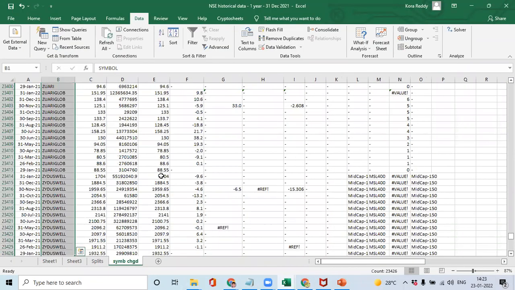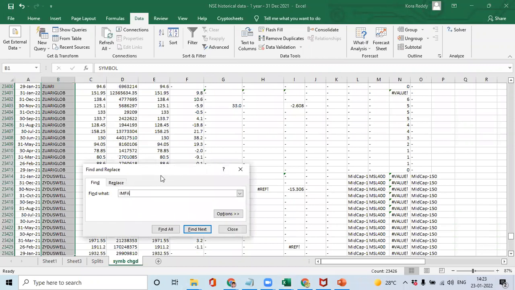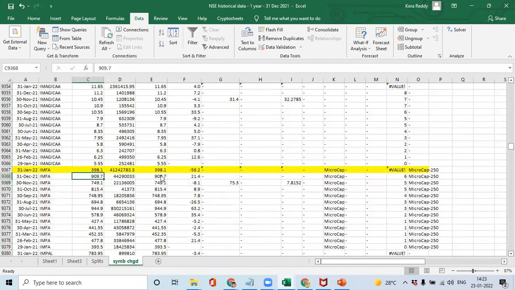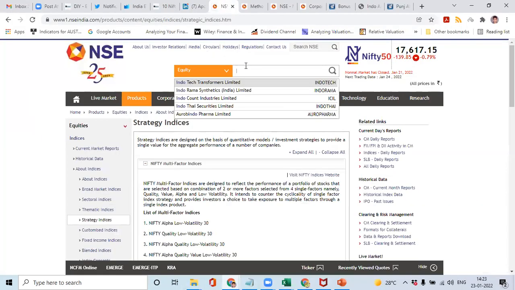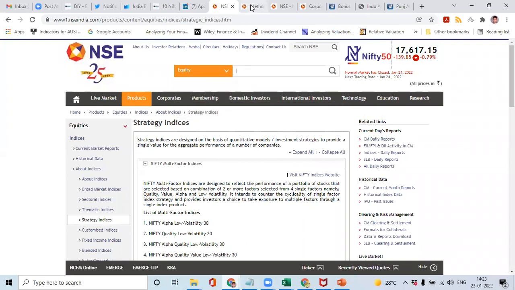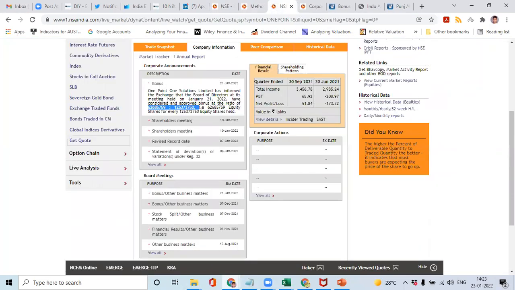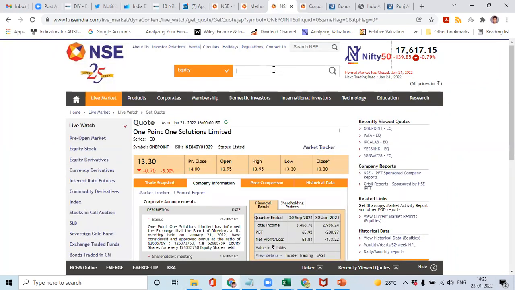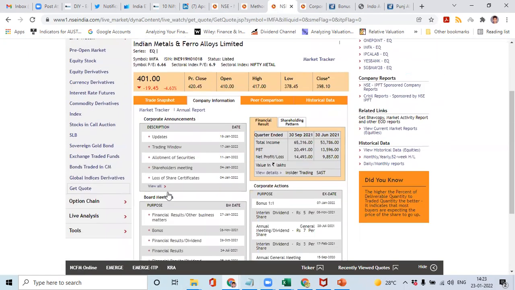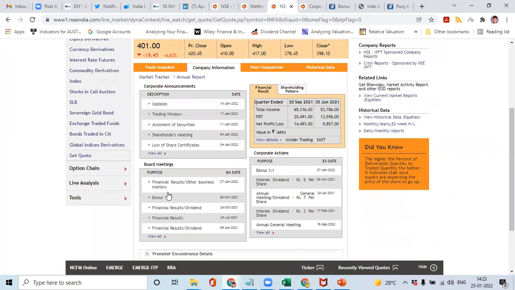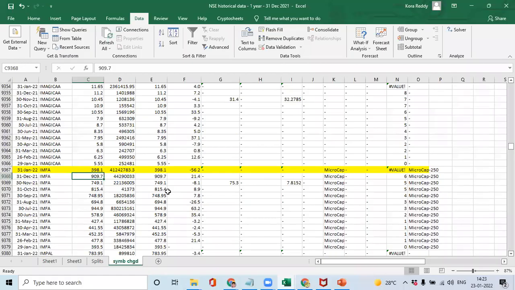IMFA, what is the story? It's a 1:1 bonus. So 2/1, so half. This becomes half.